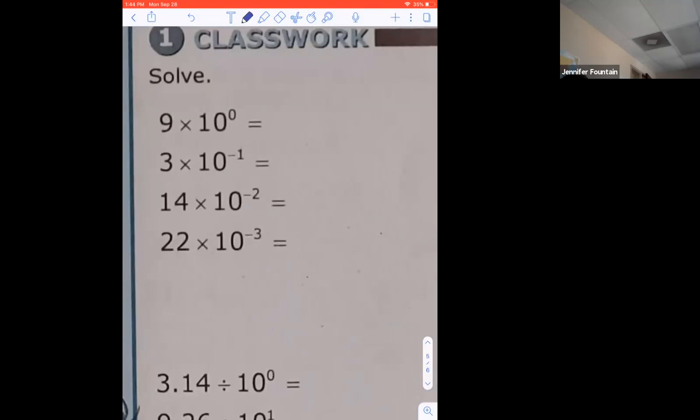9 times 10 to the 0 power. We said 10 to the 0 is the same as 1, and 9 times 1 is 9. 3 times 10 to the negative first power is the same as 3 divided by 10 to the first.